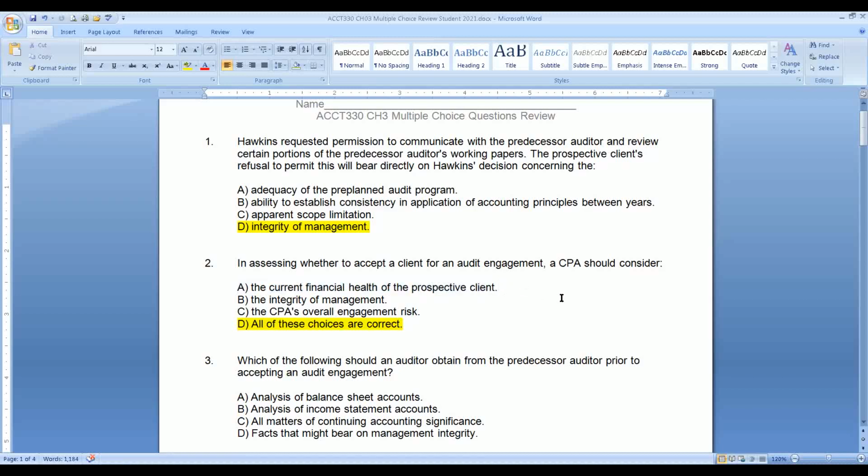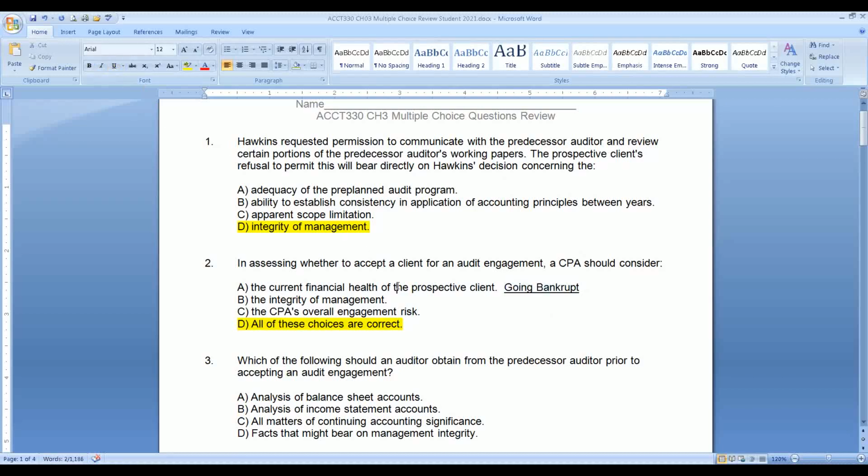Financial health of a prospective client. One of the things you look for is if the client is going bankrupt or doing poorly, maybe a better term. Why would you care about that?